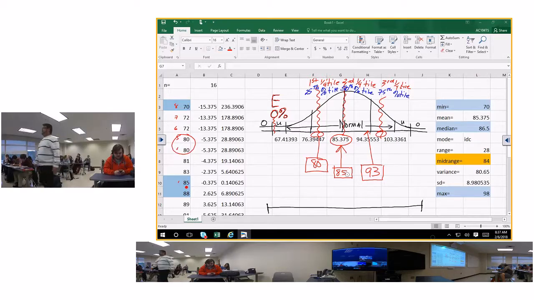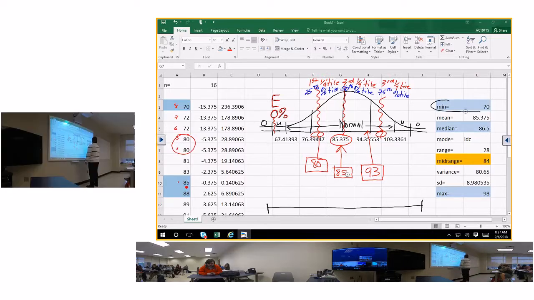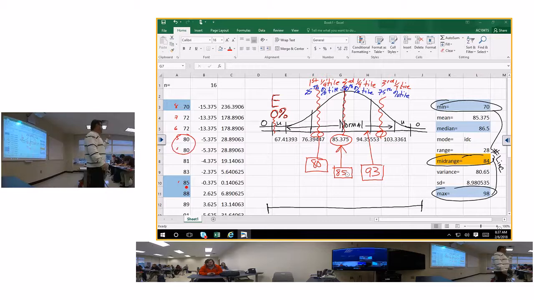The min, the max, and the mid-range. Write this down: the min, the max, and the mid-range are for the number line. Because there are 2 parts to a box plot: the number line and the box.